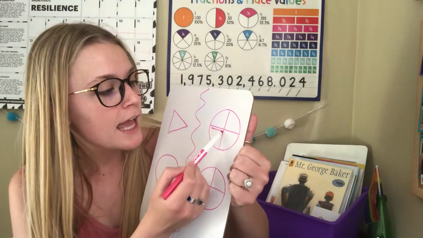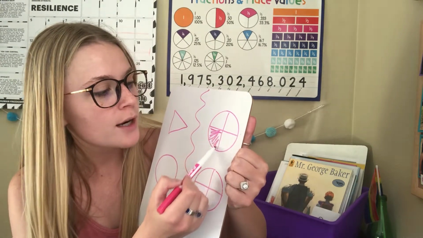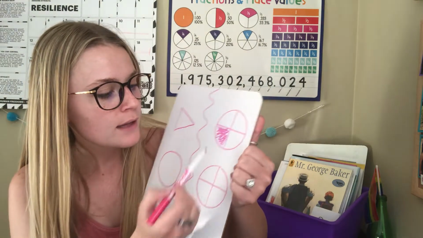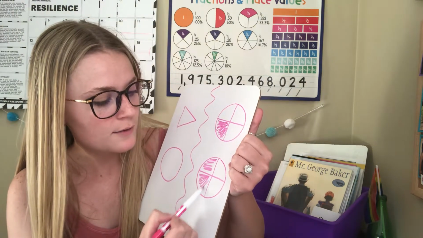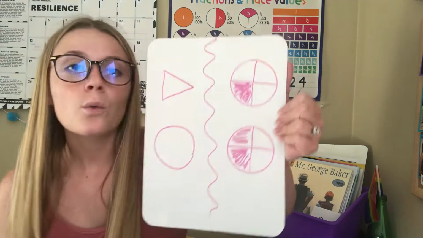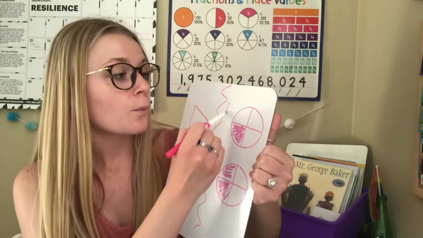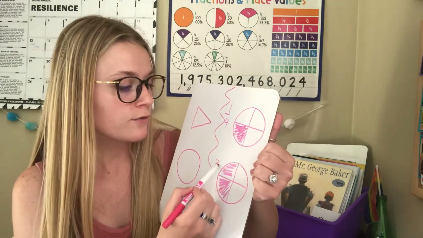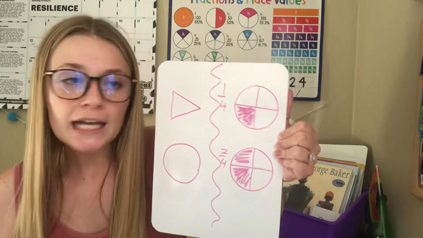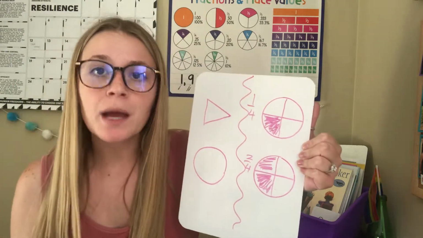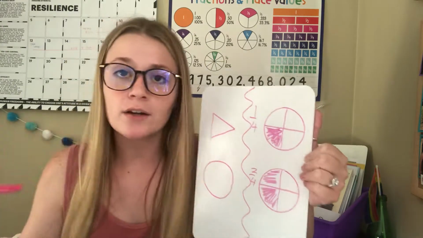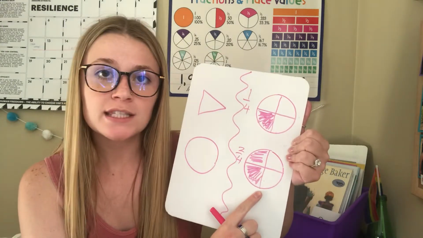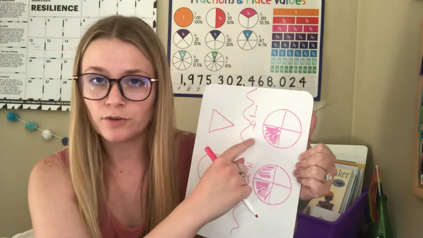And then if I say, okay, this one is 1/4, this one is 2/4. Which one is greater, 1/4 or 2/4? Because these circles are the same, I can say without hesitation, without a doubt, that 2/4 is greater than 1/4.